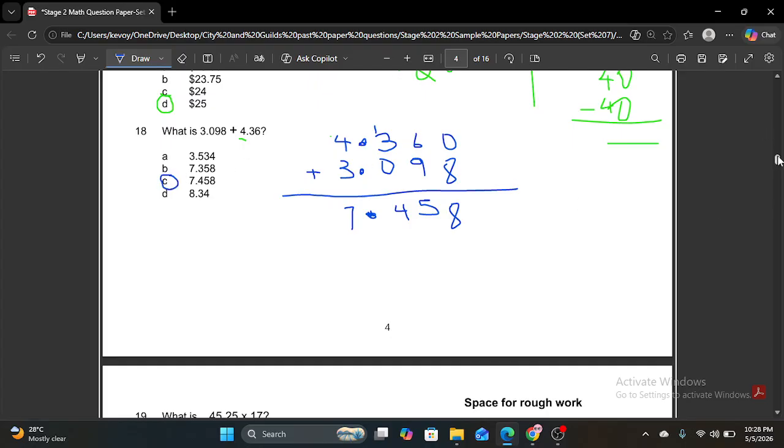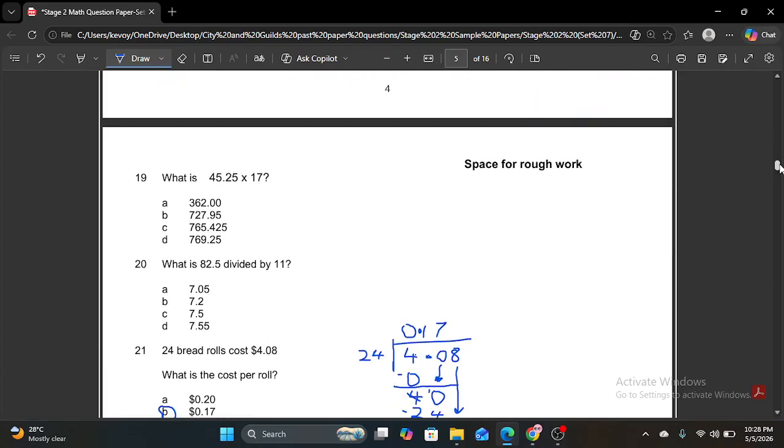Alright, let's go down a bit. So multiplying once more. Okay, so what is 45.25 times 17?